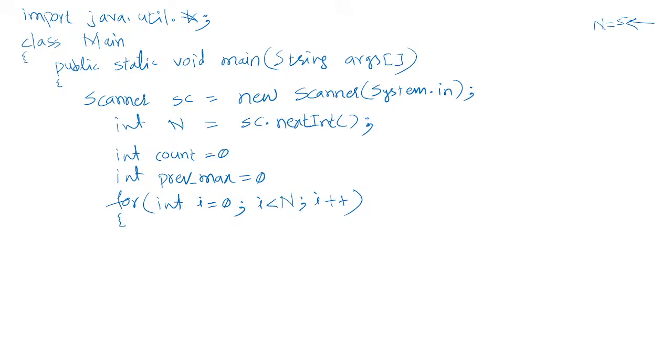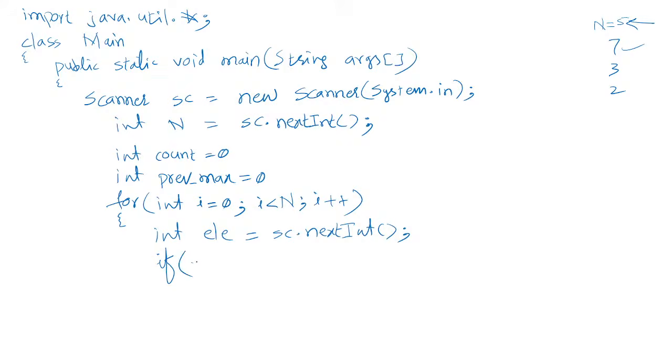Inside this loop you need to read each element one by one. So int element is equal to sc.nextInt(). It reads the next integer, like 7. Now you need to compare it with the previous max. The logic is the same, it won't change.